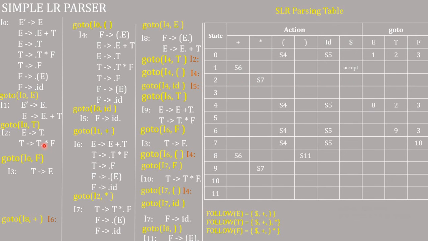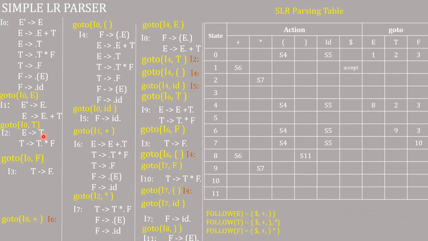We have to apply the reduce operation for follow of E. In whichever production rule we have a dot at the end, what do we have as the left hand side of the production rule? E, right? So we have to compute follow of E. For all the symbols in the follow of E, we have to apply the reduce operation E tends to T.